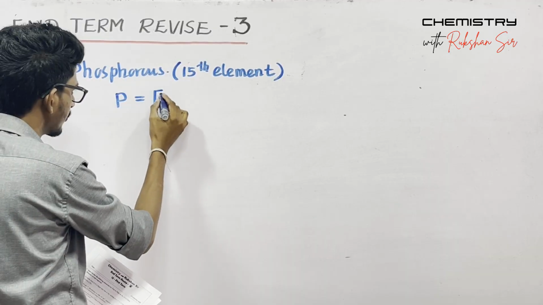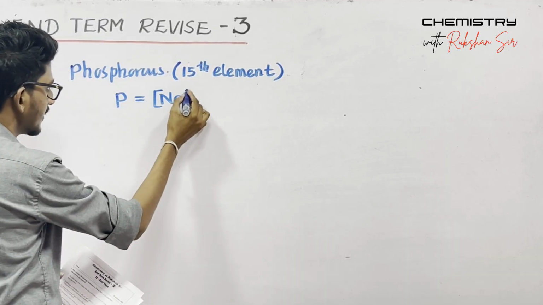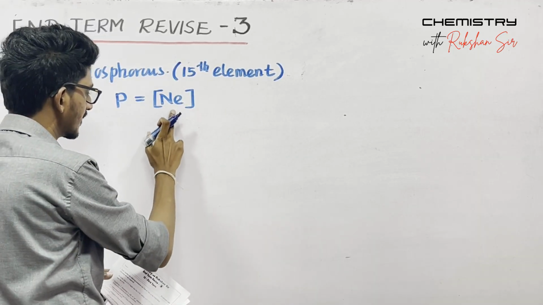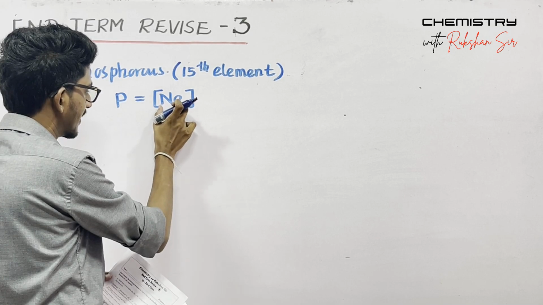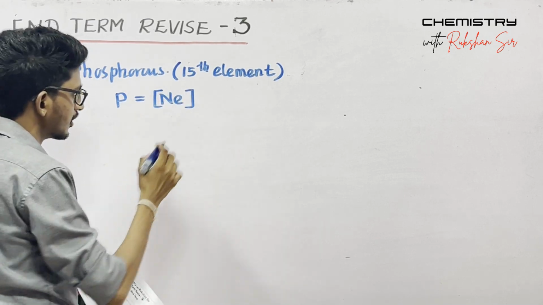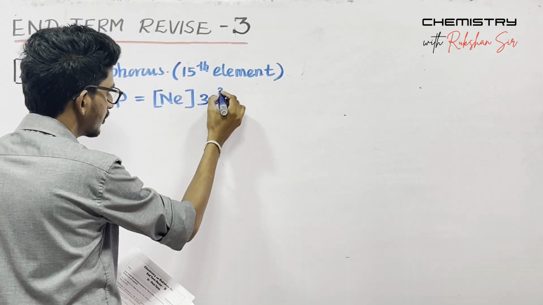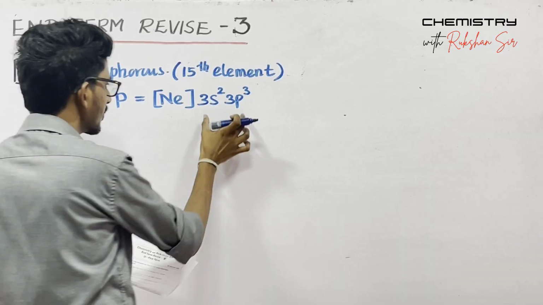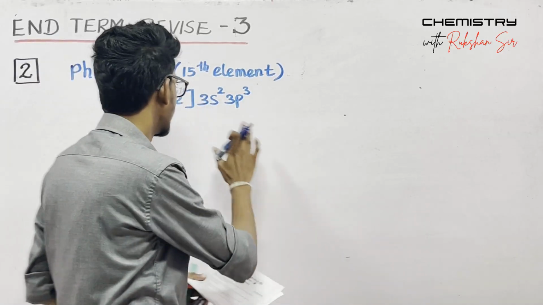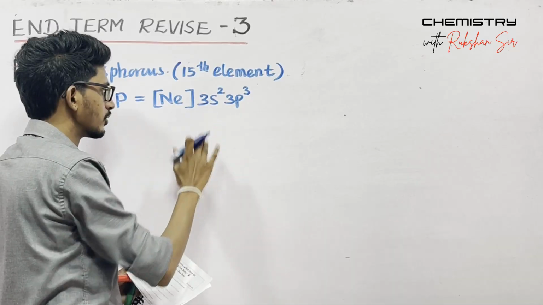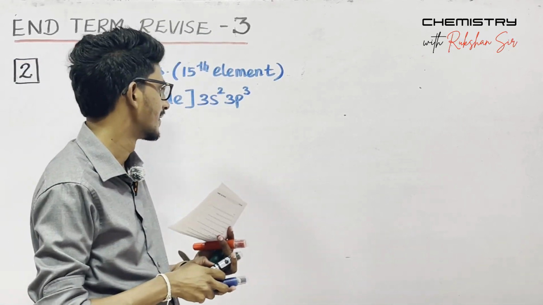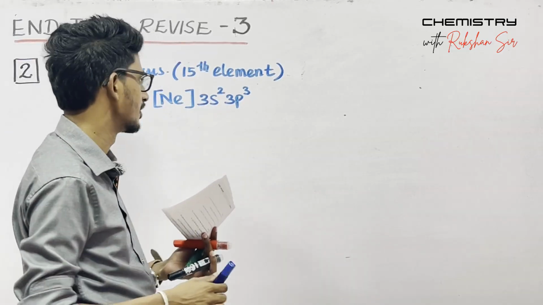So its configuration, after the neon configuration with 10 electrons, should have another 5 electrons. So 3s2 3p3. The configuration comes with the general form of ns2np3. So the first part of the statement is true.